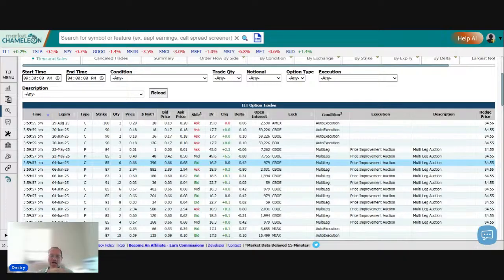Now, with the time and sales in OPRA, they have two actual feeds. One where they report transactions. Those are the actual trades. Another feed, they report the bids and offers in the option.